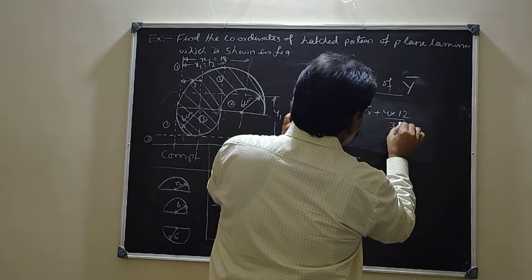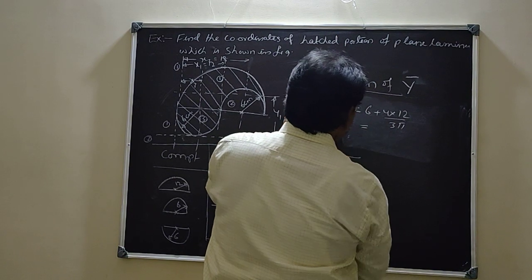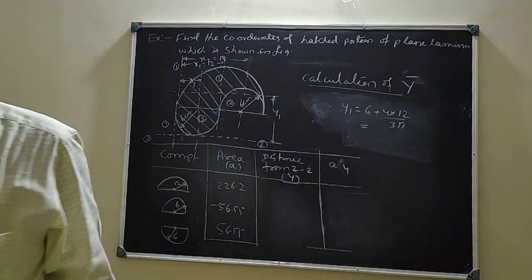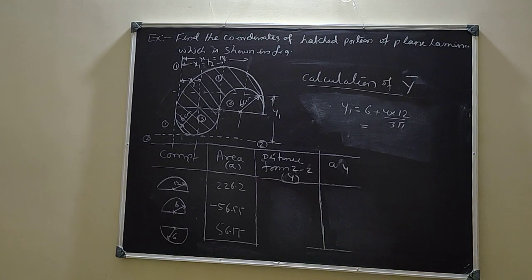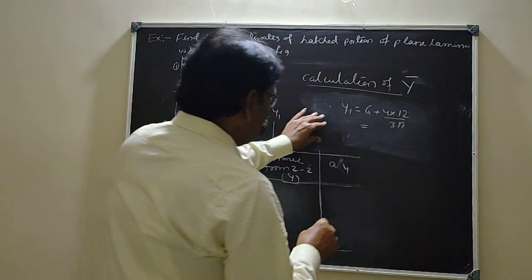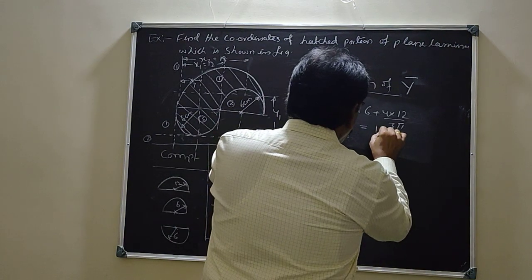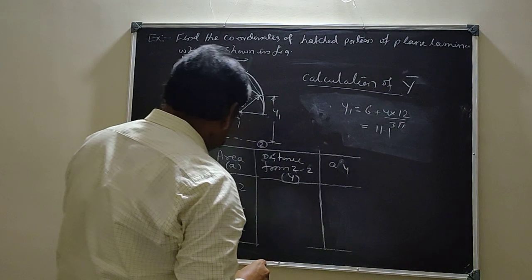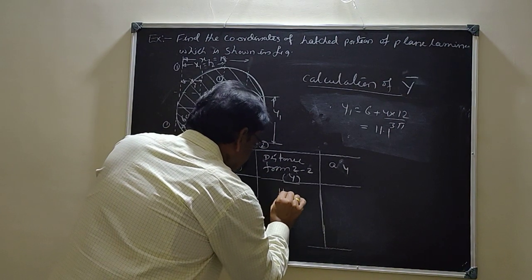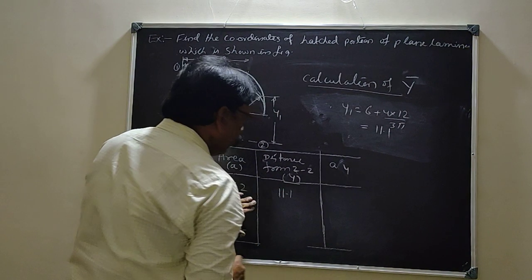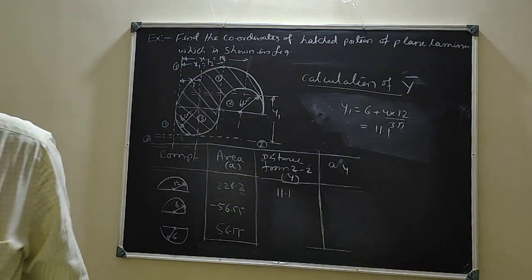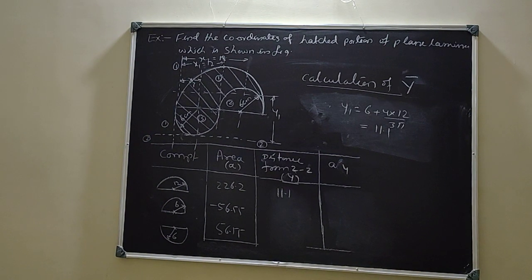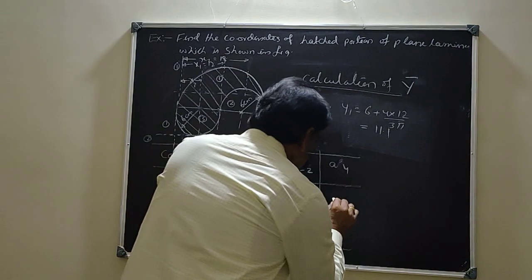So you will get y1 is equal to 11.1 centimeter. So the product of that one will be 2510.82.